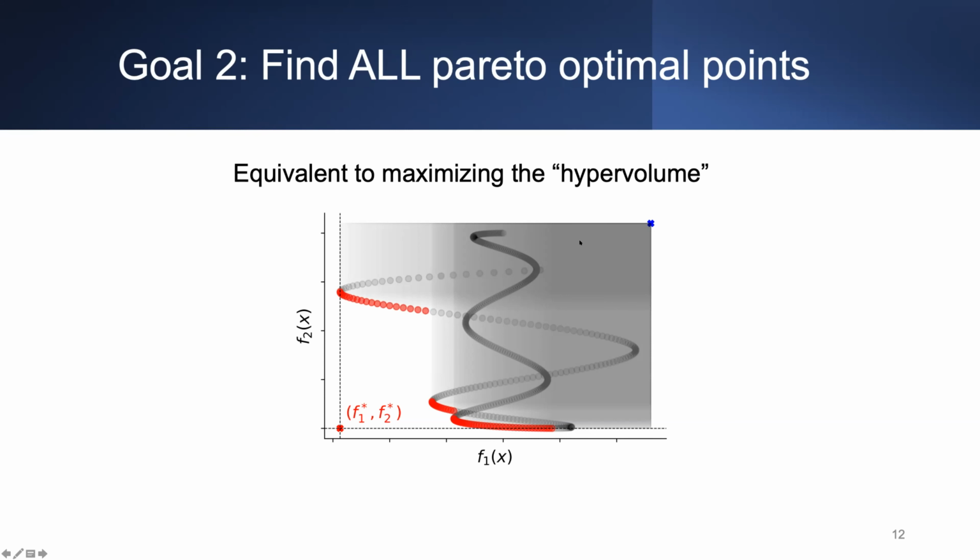This is what is called the hypervolume. It's just a technical term, but it's essentially equivalent to maximizing the hypervolume, right? So there are in a sense two goals. One is just to find some point on this front, and the other is to find as many configurations as you can, to present them and ultimately let the application modeler decide which of these configurations to go for, depending on the use case.